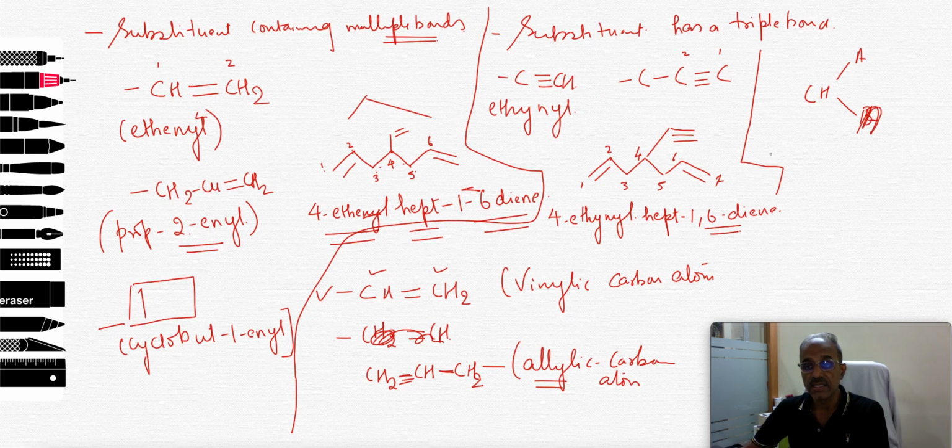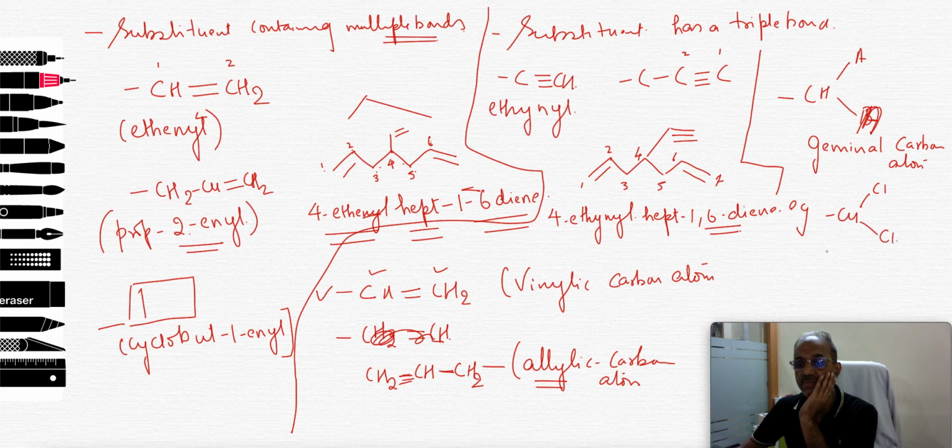Then this is known as geminal carbon atom, because on the carbon atom it contains the same functional group. For example, with Cl, geminal dihalide.